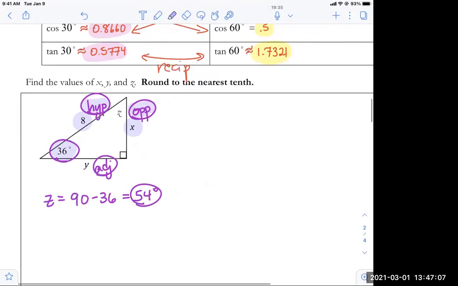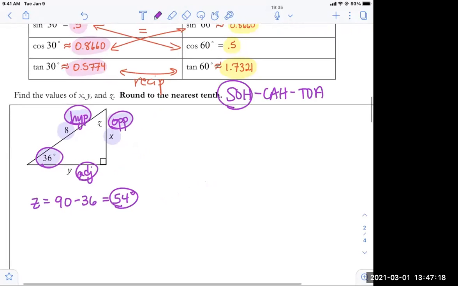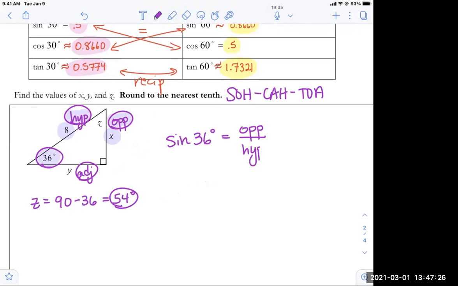Opposite and hypotenuse. Let me write the SOHCAHTOA again. Opposite and hypotenuse is sine. So I'm going to say the sine of 36 degrees is opposite over hypotenuse.